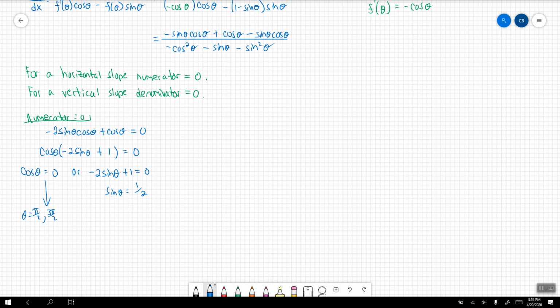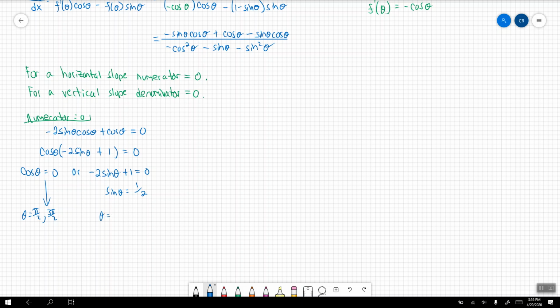Now, sine of theta equals 1/2. So let's think about when sine of 1/2 occurs. All right, since it's positive, it's only going to be in quadrant 1 or quadrant 2. And since it's in quadrant 1 or quadrant 2, I'm now just looking for what angle gives me a ratio of 1/2 for that sine ratio. Sine of theta equals 1/2 is at pi 6, in other words 30 degrees.